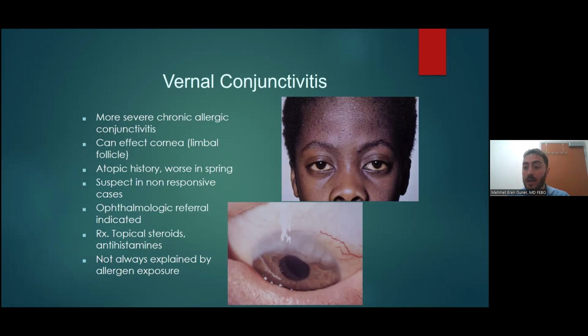As soon as you can, you should taper and stop the topical steroids in these patients. And if you have to use them, which is very, very rare, you have to do it under the care of an ophthalmologist. Also, this vernal conjunctivitis cannot always be explained by allergen exposure.